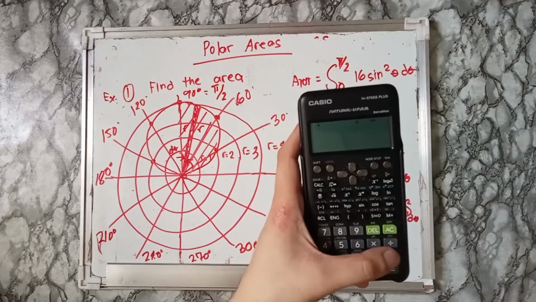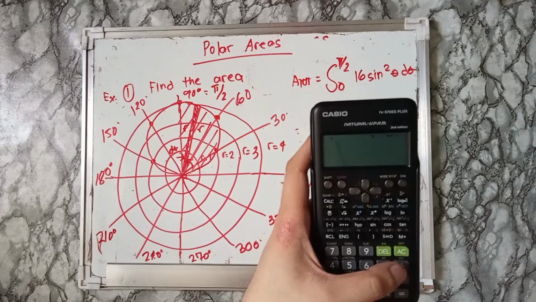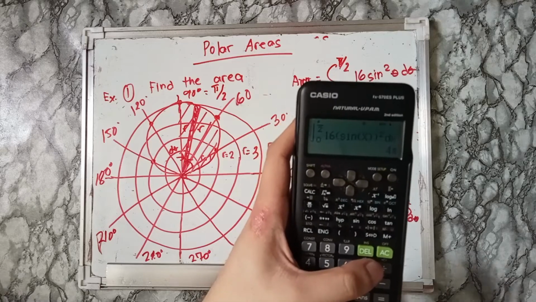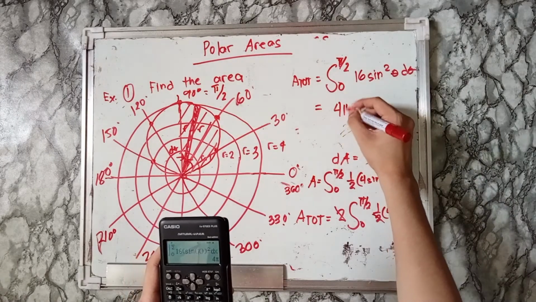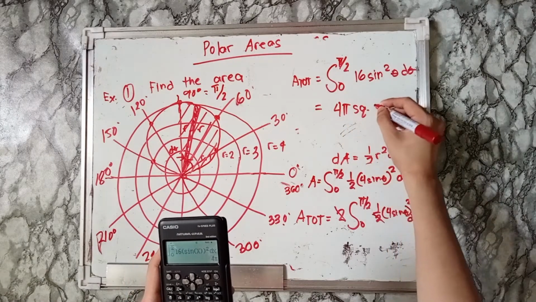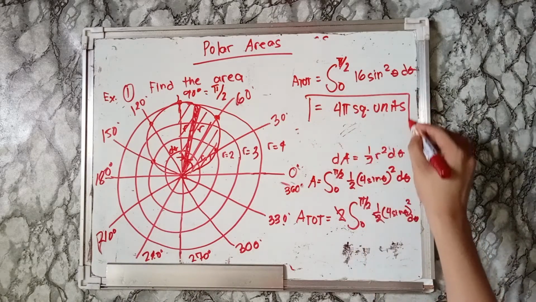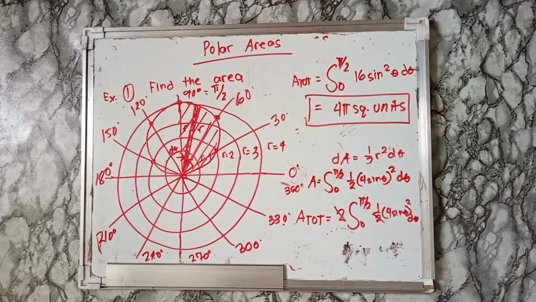So equals, the answer is 4 pi square units. So this is our answer.